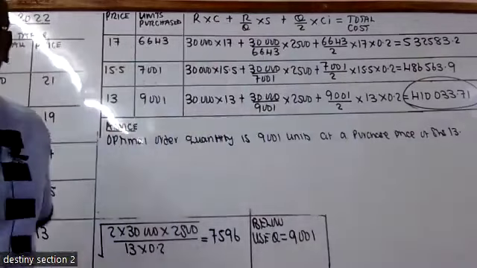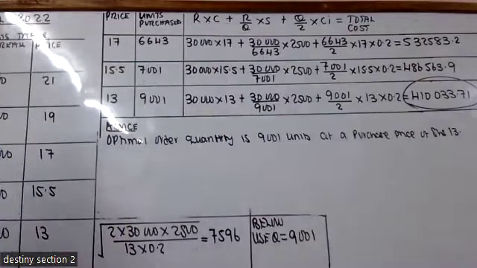That is what we will advise them to do: buy 9,001 units at a time.